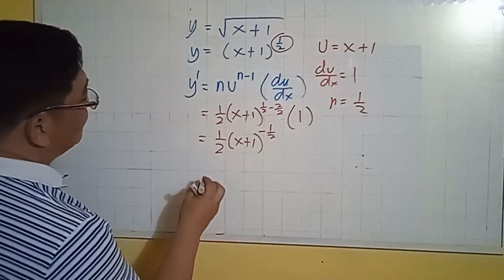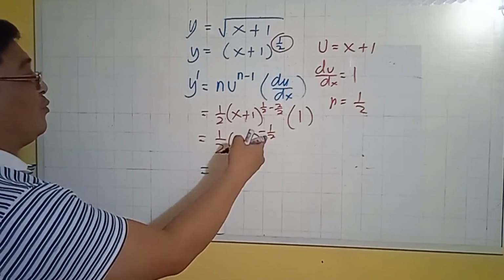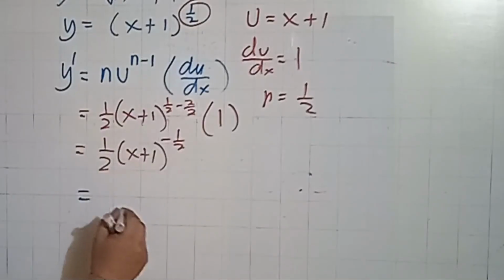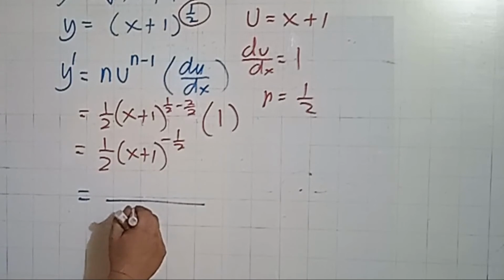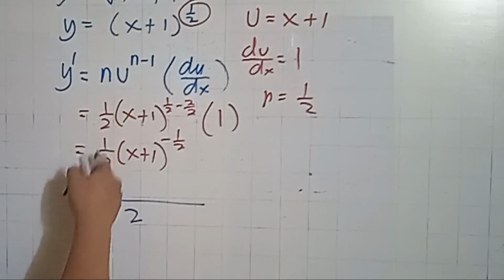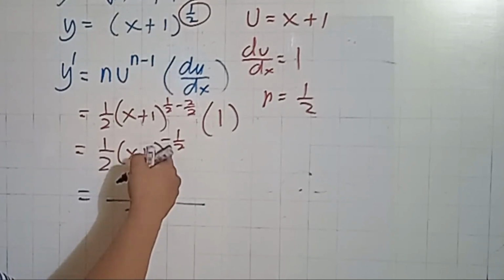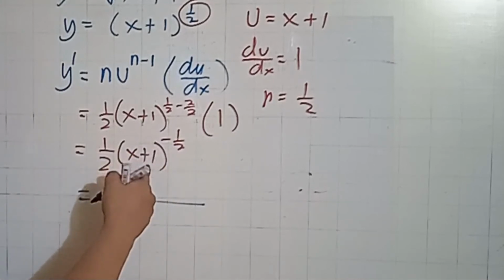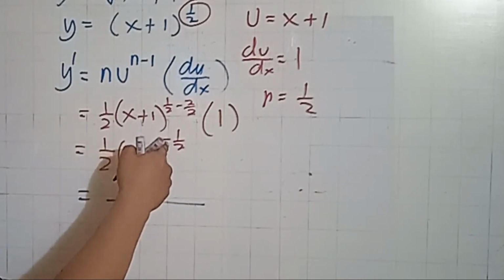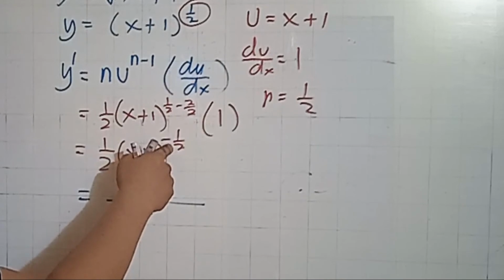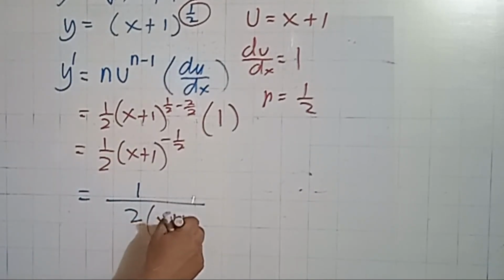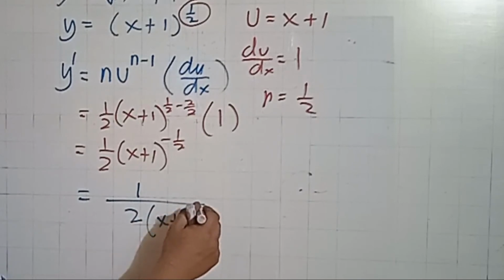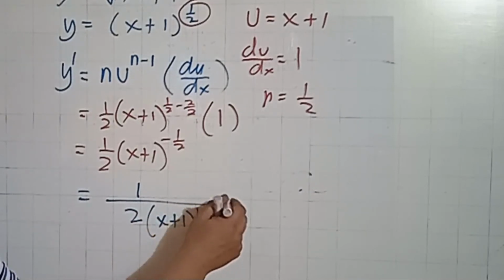Now, let's rewrite this negative 1 half. So we have your 2 at the denominator. May 1 sa numerator is 1. And then itong quantity na to mapupunta sa baba para maging positive yung negative na exponent. We have x plus 1 raised to 1 half.